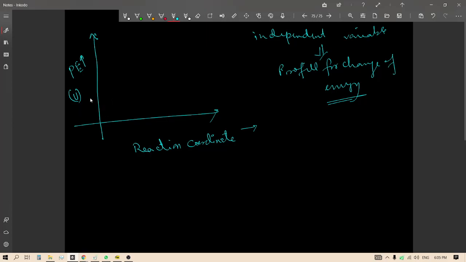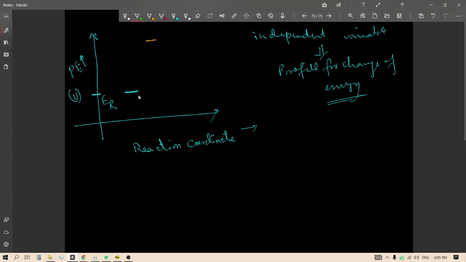Now let us assume the initial potential energy of the reactants to be this. So I mark it as Er, and this dash indicates the initial potential energy of the reactants. Now I always say the activated complex is at a higher potential energy than the reactants. So let us assume this is the position where I keep my activated complex.